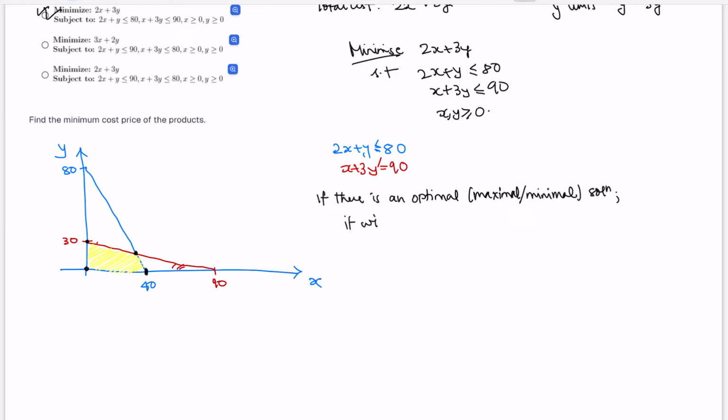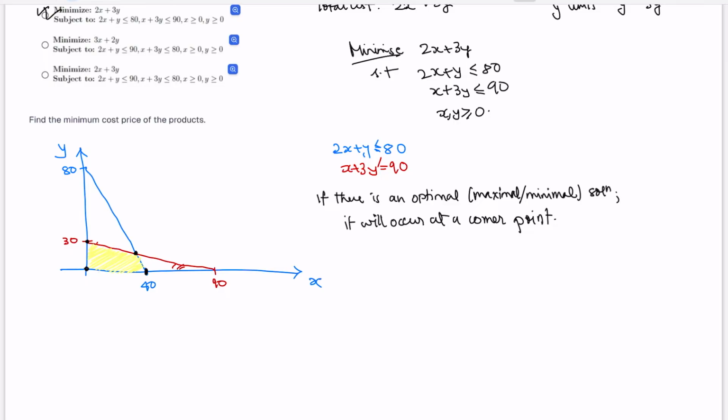If we have an optimal solution, when I say optimal, it means either maximal or minimal. Observe, I'm saying maximal and not maximum, because maximum would mean that it is unique. But in this case, it need not be unique. There will be other points also where it is attaining the same maximal or minimal value. But the idea is that if there is an optimal solution, then it will occur at one of the corner points.